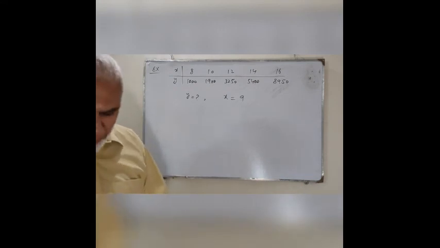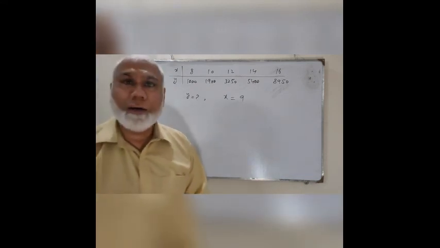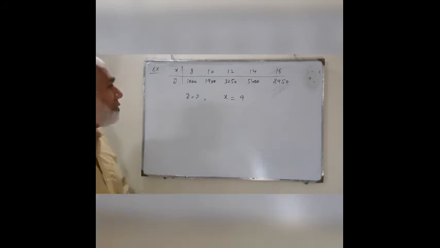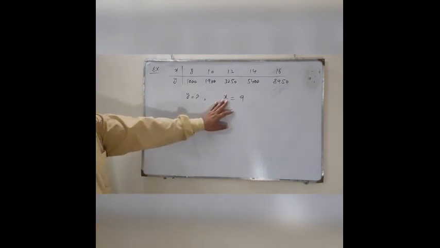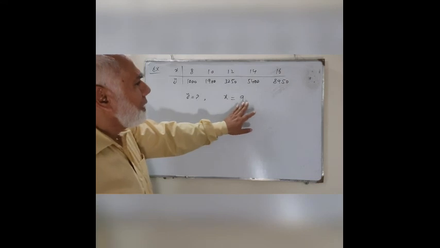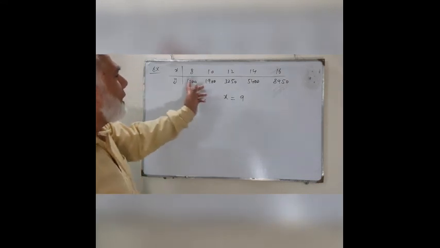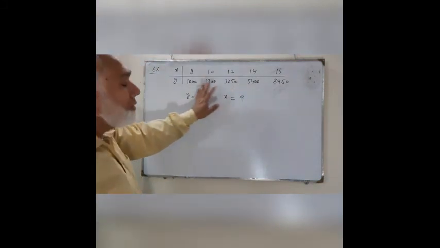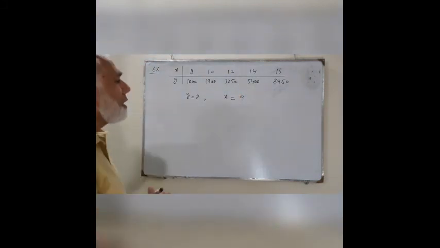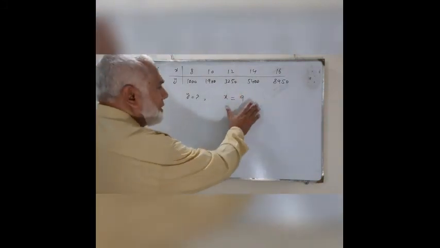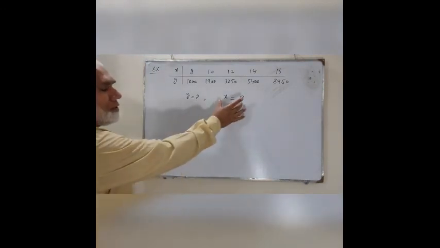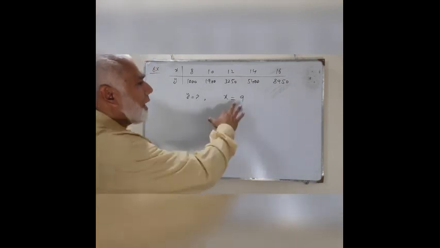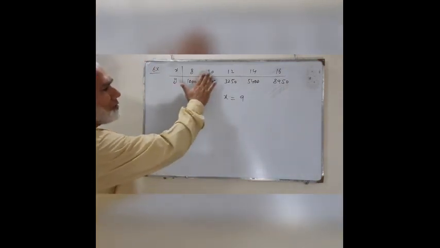Okay, so this is the question, and we are required to find the value at x equals 9. You can see here the value at x equals 9 is not present within the given set of points, but of course it is within the range of the set of points. So from this information, it is directly understandable which formula you have to use, because x equals 9 is close to the initial point.